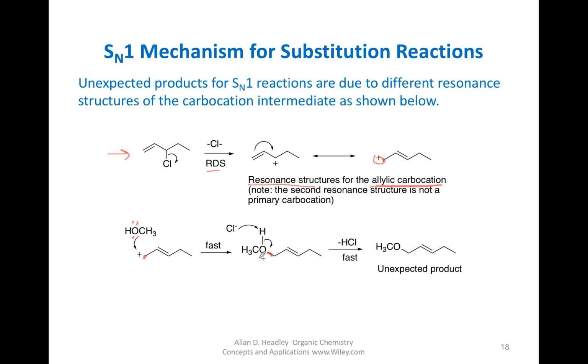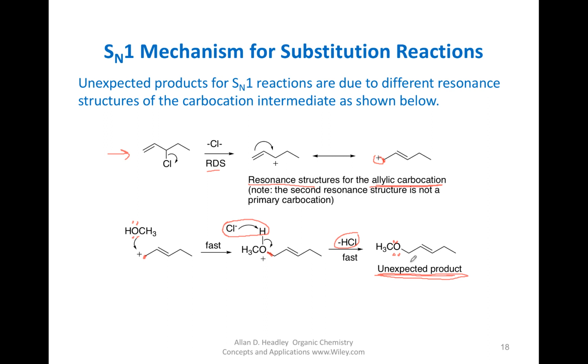And of course, since we have three bonds to oxygen, the chloride will take off this hydrogen as a proton to get HCl, and this becomes our product. So this is our unexpected product.